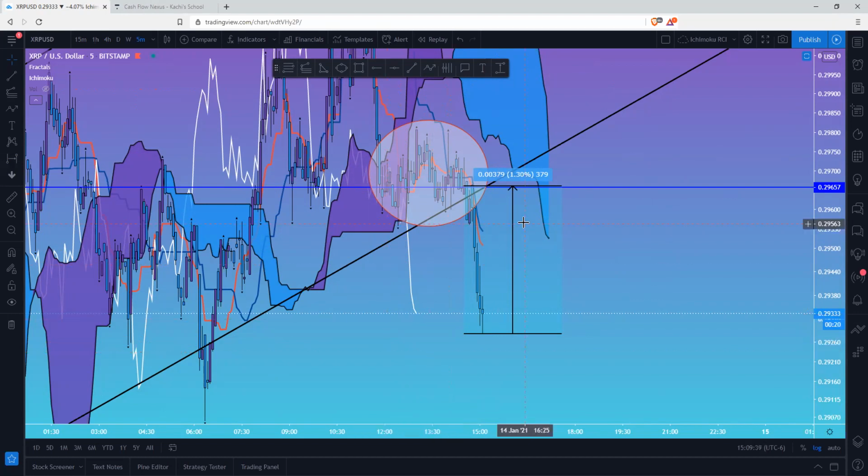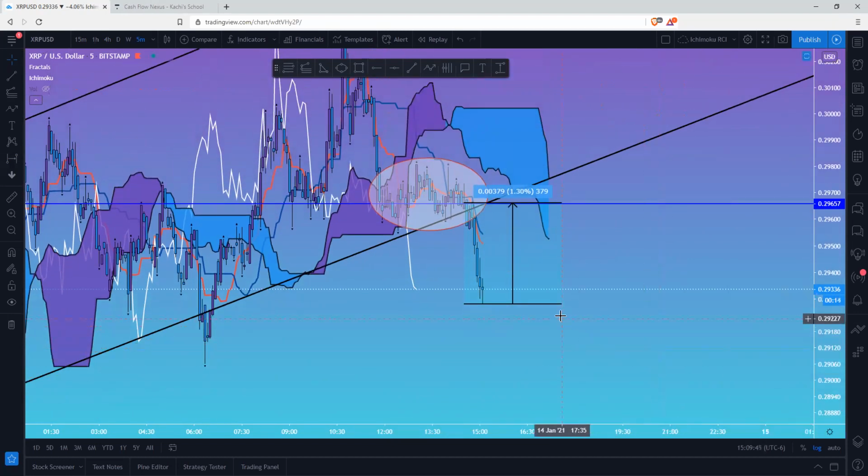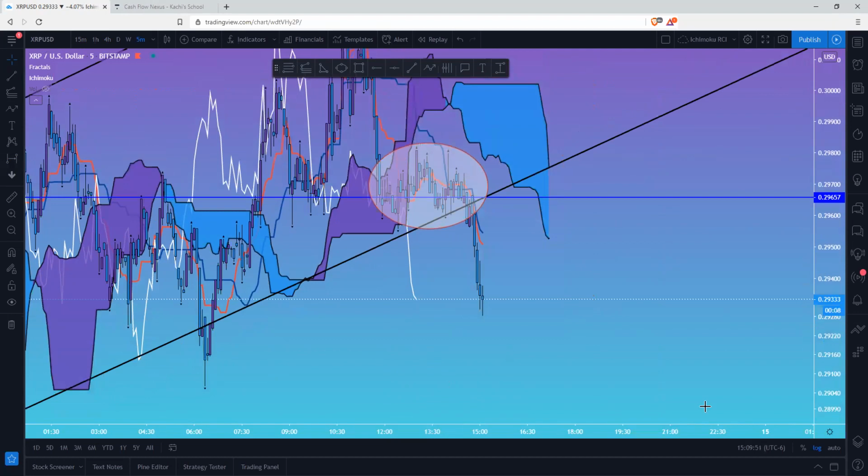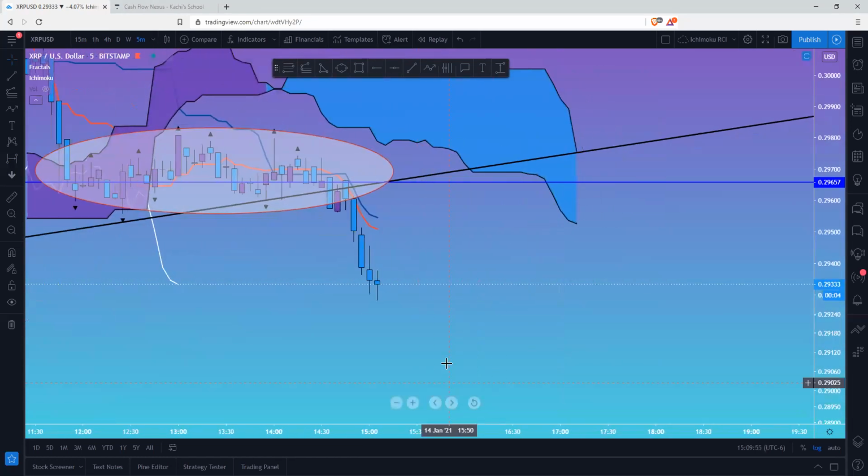What are you seeing with the Kijun and Tenkan-sen and the price right now? It looks like the Kijun and Tenkan-sen are starting to curve, and it looks like it's about to print a dragonfly if it closes like that. So that means it's gonna pull back.